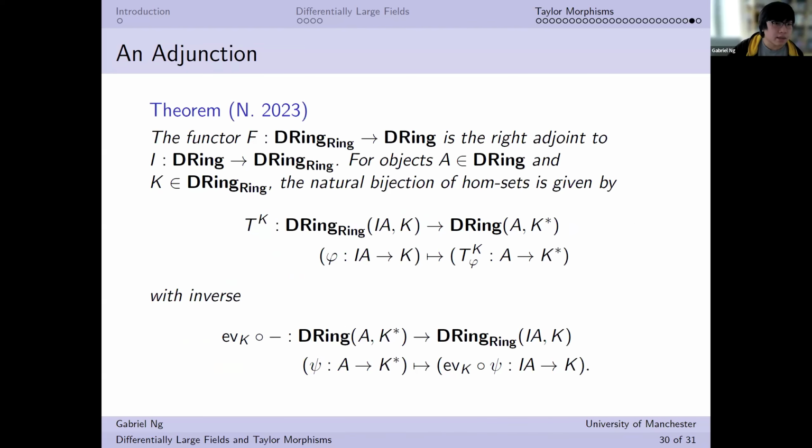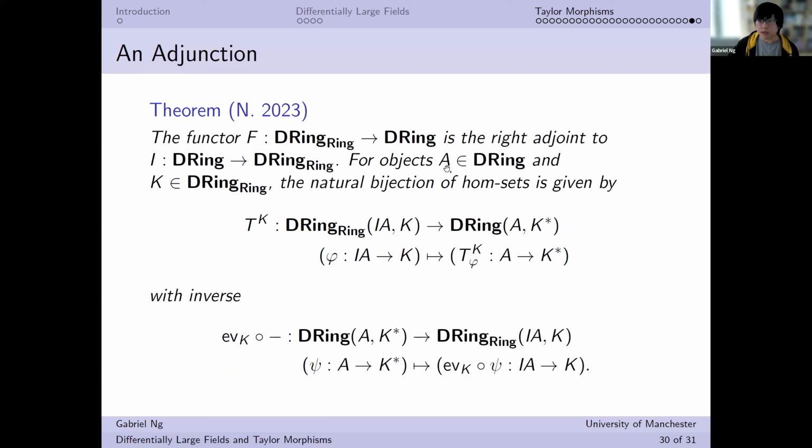Okay, and one last thing. The functor F that we just constructed is precisely the right adjoint to this inclusion from the category of differential rings to this funny category.